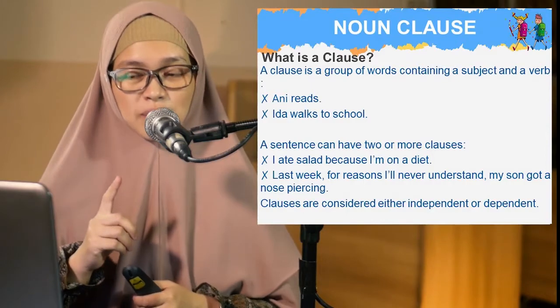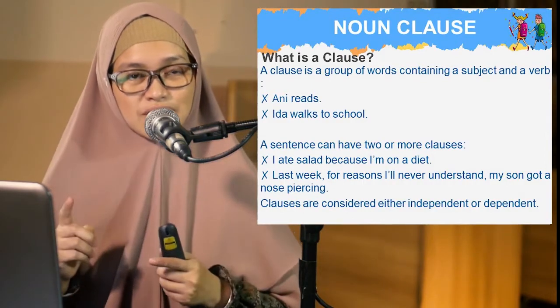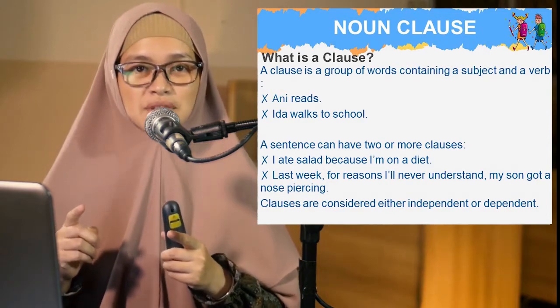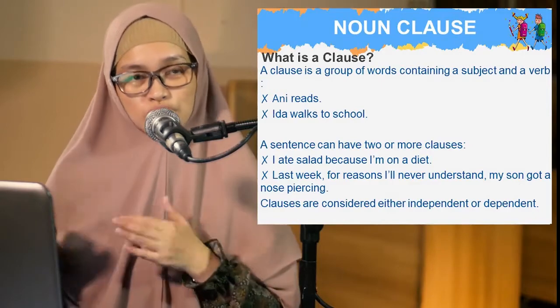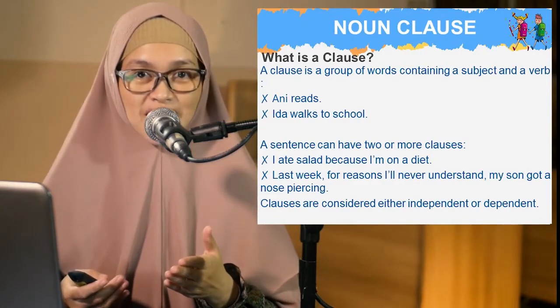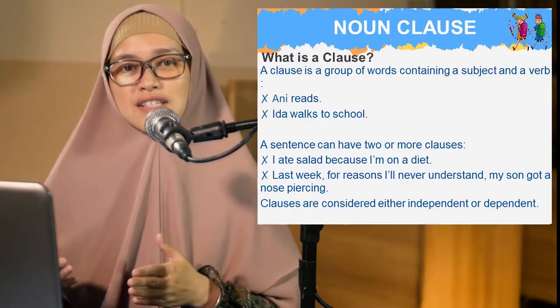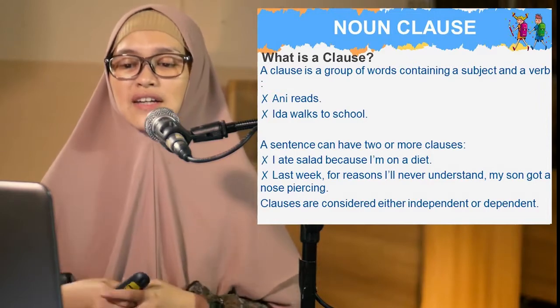Okay, for example, Ani reads. This is a clause. Ani is a subject and reads is a verb. Ida walks to school. Ida itself is a subject, right? And then walks is a verb, to school is a complement. Ida walks to school.